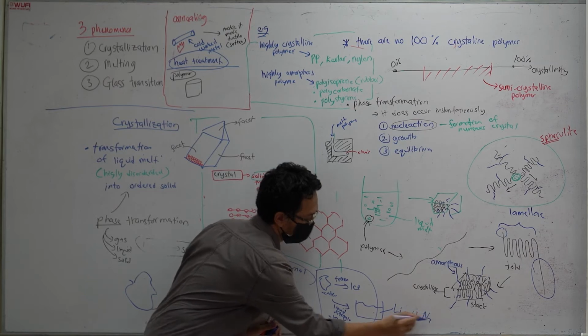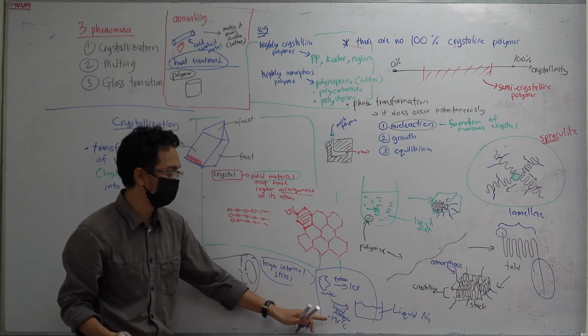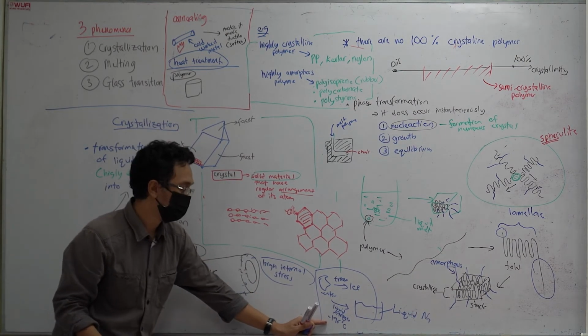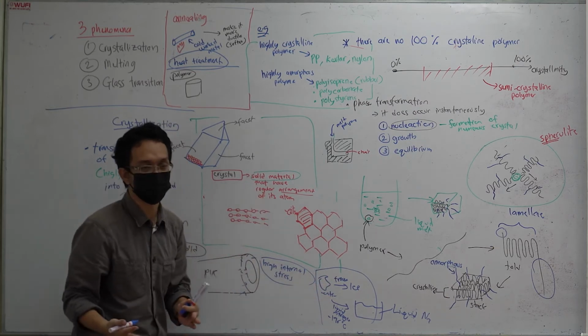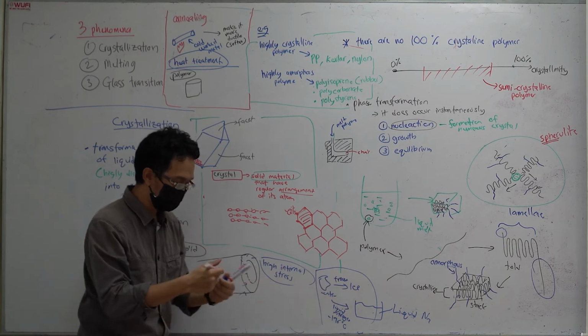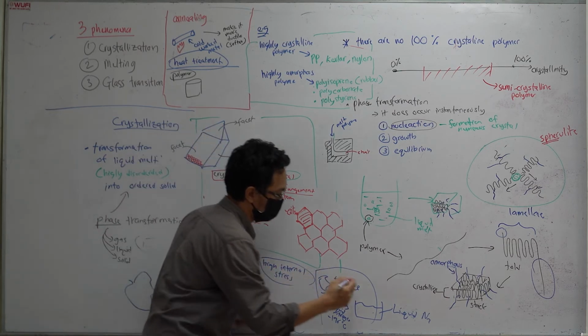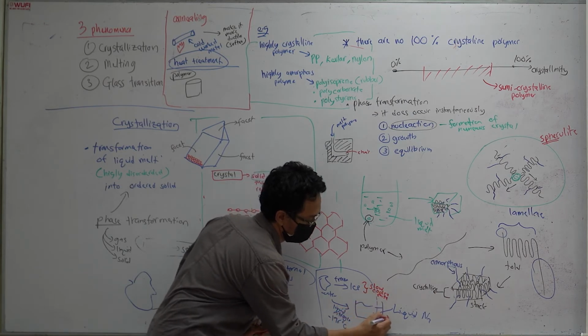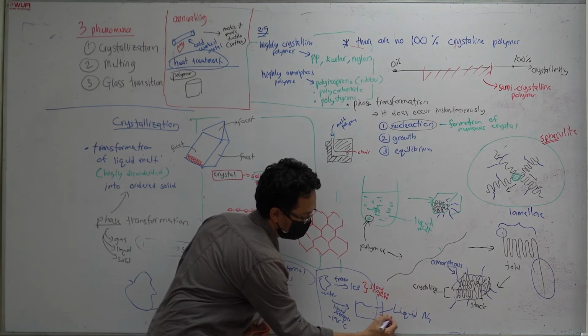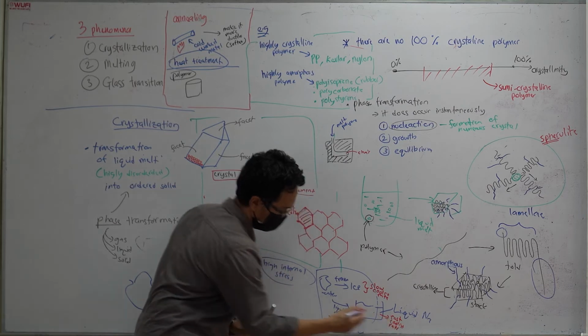Because the liquid nitrogen has a very low temperature, the water will freeze instantaneously instead of waiting. So this one takes time, a slow cooling rate. This is what we call fast cooling rate.